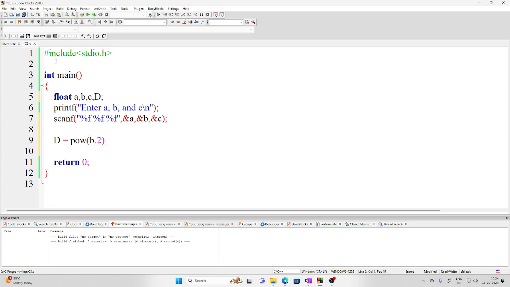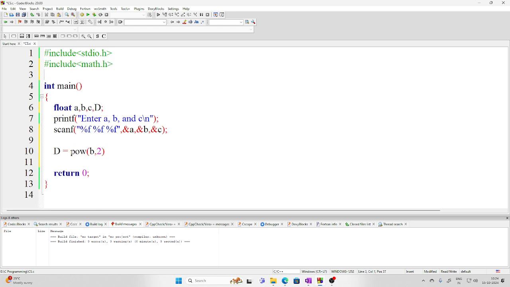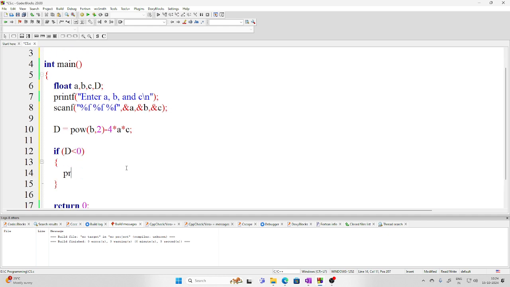For that, the math module is required. So b square minus 4ac. That's it.